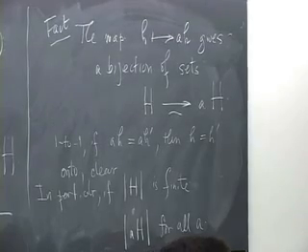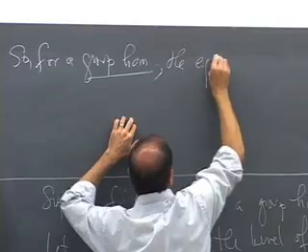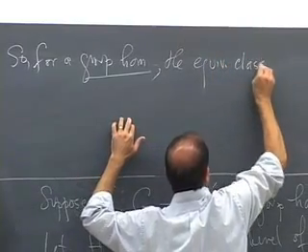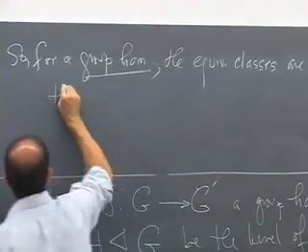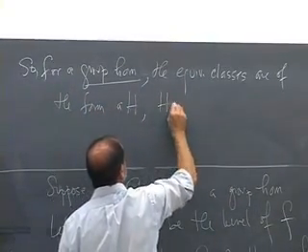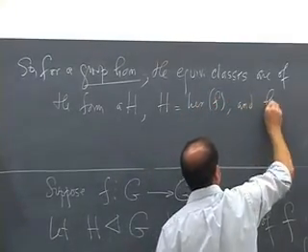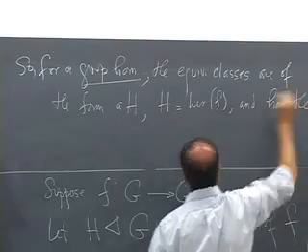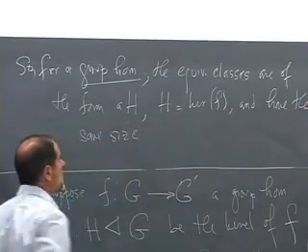So for a group homomorphism, the equivalence classes are of the form aH, where H is equal to the kernel of f, and have the same size because they're in bijection to each other.